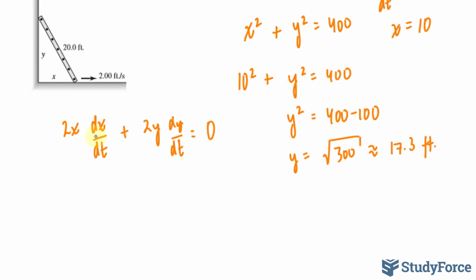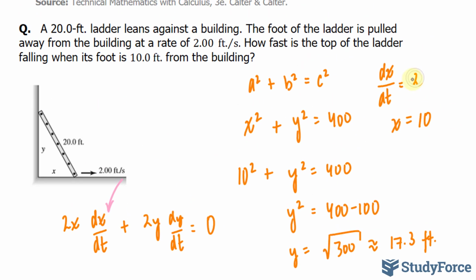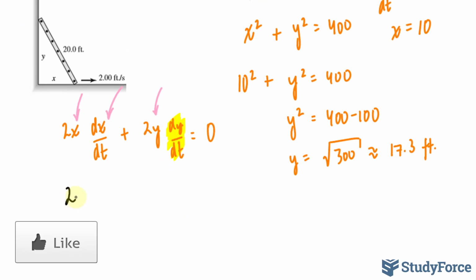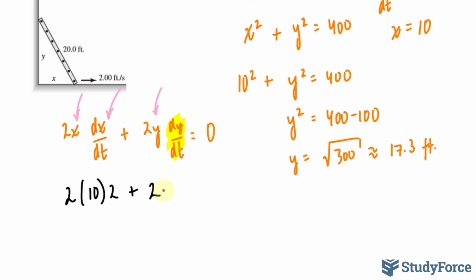The good news now is we have dx over dt, and that was stated above. It's 2 feet per second. We have x, that's 10. We have y, 17.3, and all we have to do is find out dy over dt. 2 times 10 times 2 plus 2 times 17.3, and this is our target, dy over dt.